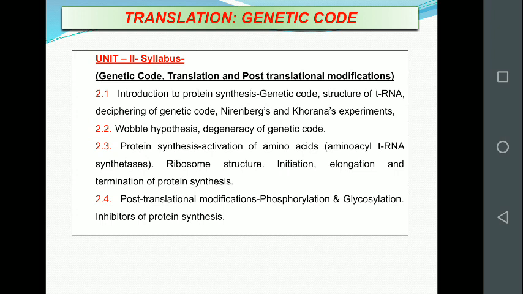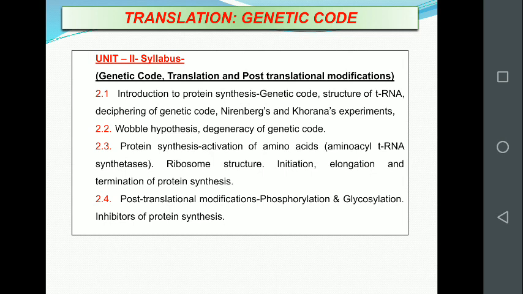This is one of the important topics that we have seen in the previous class: Wobble hypothesis, that is the degeneracy of genetic code. Here we have 61 codons to code for 20 different amino acids. That is why one amino acid may be coded by one or more different codons.